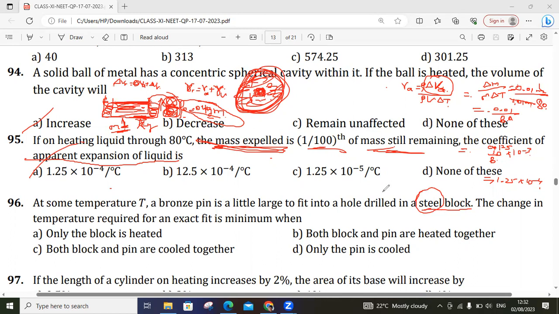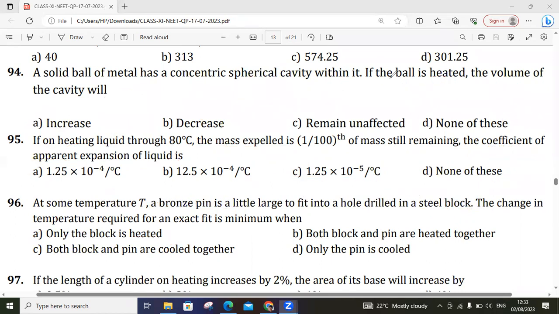So if this is large, you have to expand it. So if the block is heated, then it will expand very easily to a higher size very quickly. So this is the answer. You should be knowing that its coefficient of expansion is more than bronze coefficient of expansion, right?